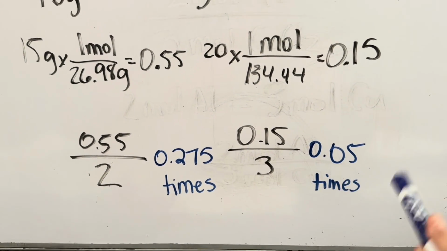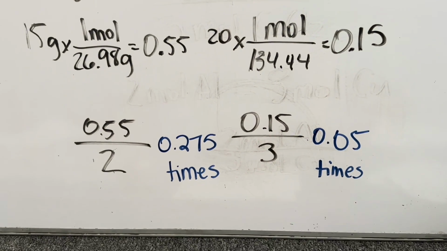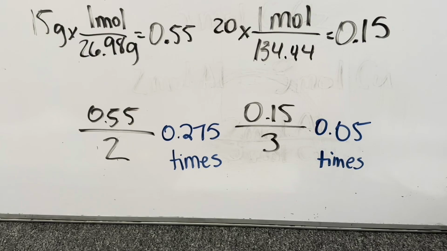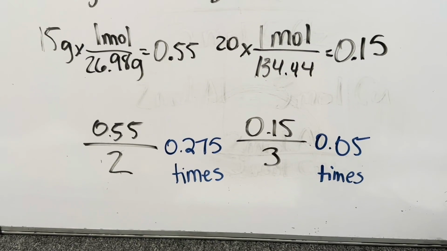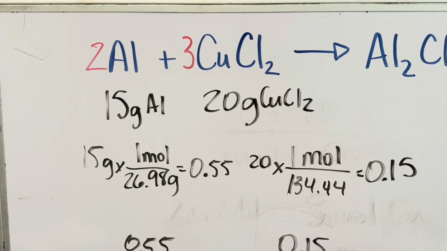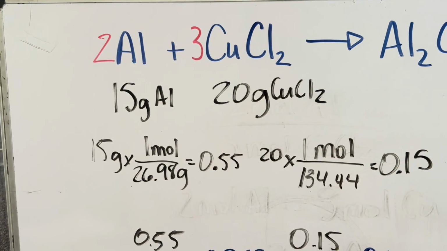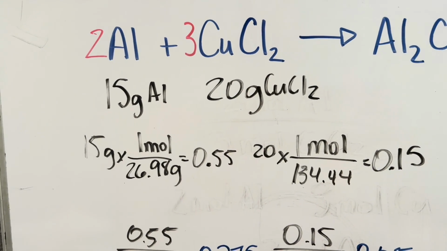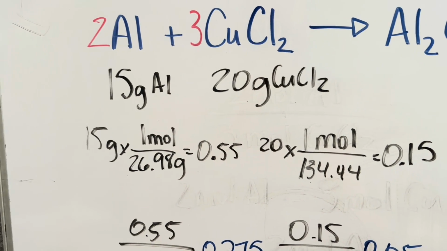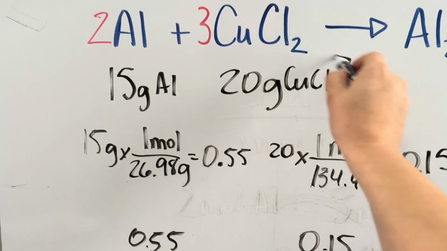Whichever one gives us the smallest number is the smallest number of times our reaction can progress, and is going to be our limiting one. So for this scenario, the 20 grams of copper chloride, even though it weighs more, is really going to limit our reaction. So it is going to be our limiting reactant.